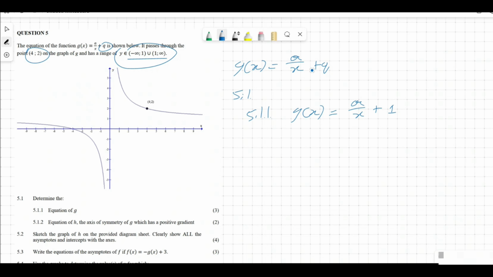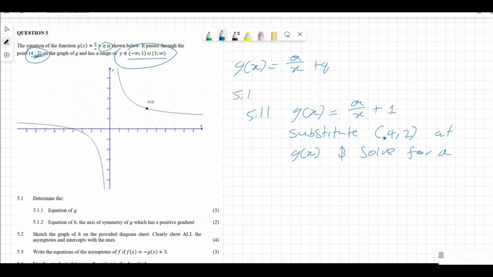Then now we need to solve for a. We got the value of q, now we need the value of a. How do we get the value of a? We are going to substitute this coordinate, 4 and 2, into g of x and solve for a.